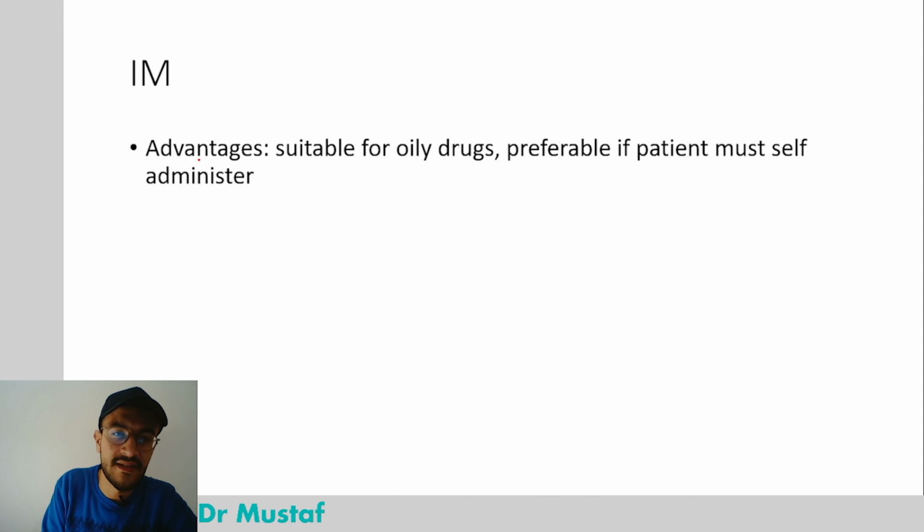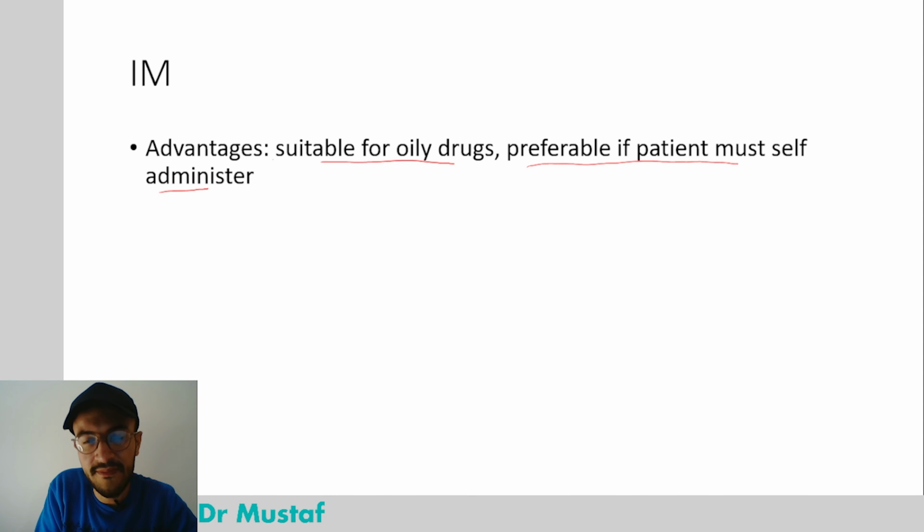The advantages of the intramuscular route: it is suitable for oily drugs, compared to the intravenous route, which is not suitable for that. And it is preferable if the patient must self-administer. It is more preferable than the intravenous route.